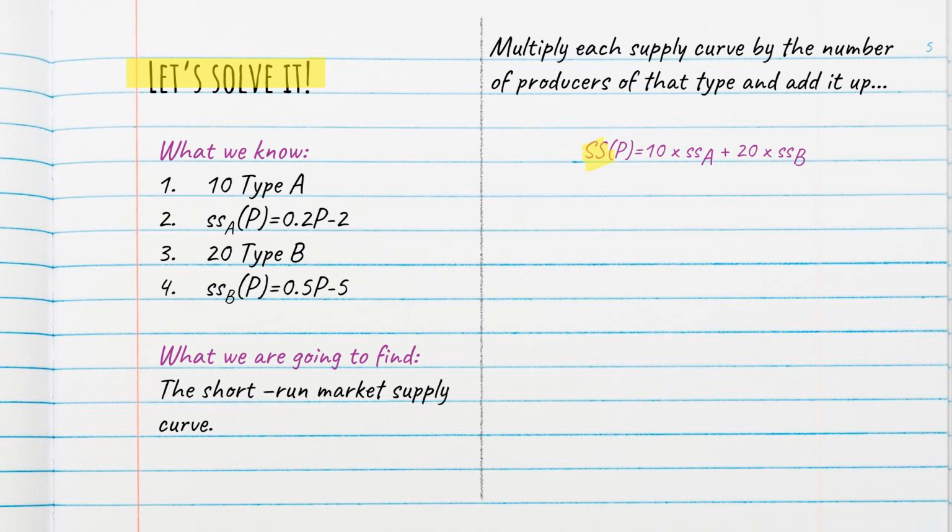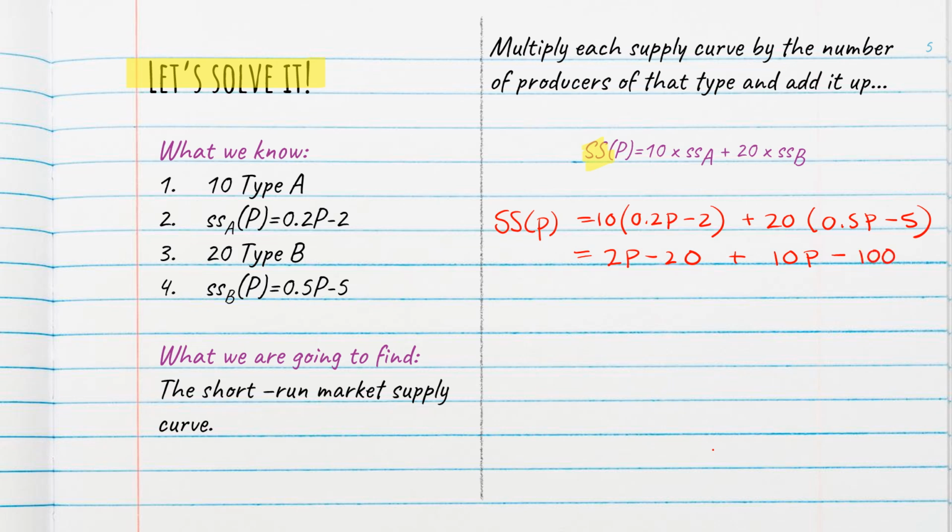So we're just going to plug in what we know. The market supply curve, which depends on the price, is equal to 10 times (0.2p minus 2) plus 20 times (0.5p minus 5). Distributing, 10 times 0.2 is 2, so we have 2p minus 20, plus 20 times 0.5 is 10p minus 100.